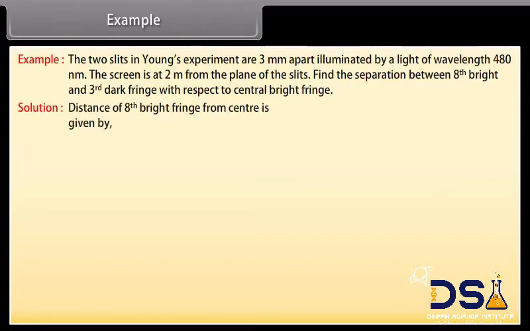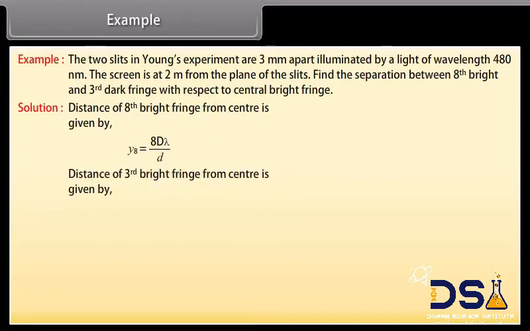Distance of the 8th bright fringe from the center is given by 8 capital D lambda upon small d. Distance of the 3rd dark fringe from the center is given by 5 capital D lambda upon 2 small d. We have y is equal to y8 minus y3.